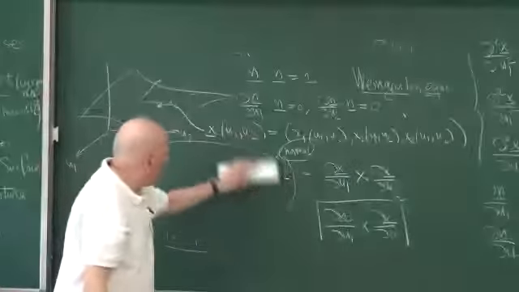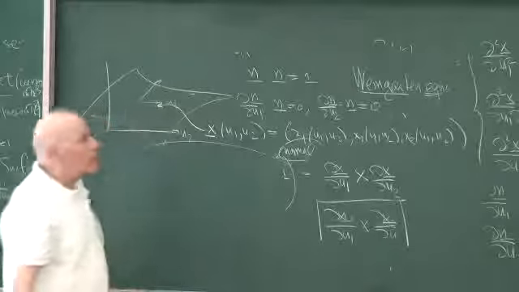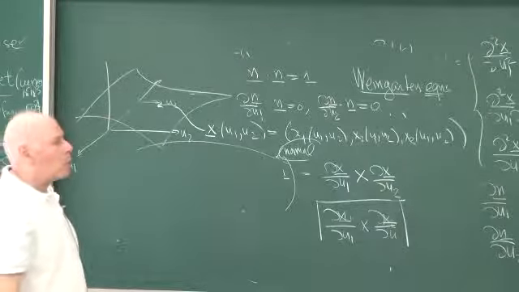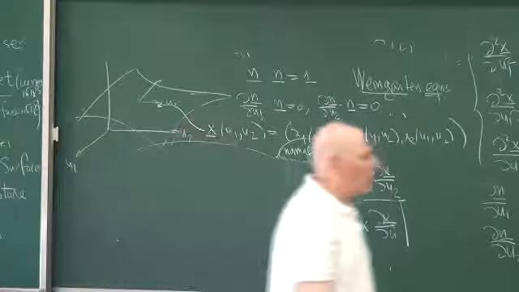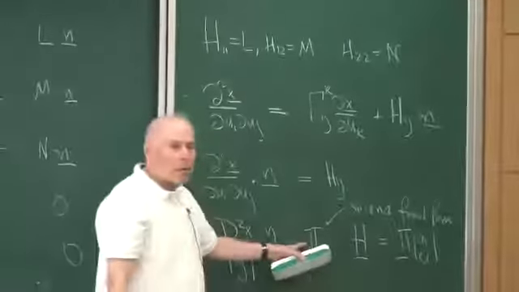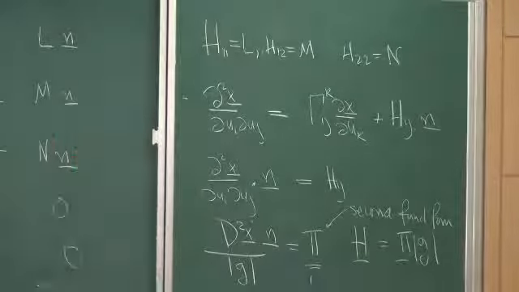Plenty of time. Now, what was the Gauss curvature? The Gauss curvature was the determinant of the second fundamental form.